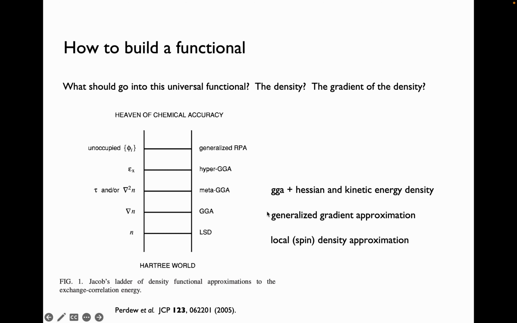We have higher than that, the meta-GGA, which has basically the gradient of the density plus the Hessian, so that's the second derivative of the density with respect to displacement along the coordinate. And in addition, it builds in information about the kinetic energy density.